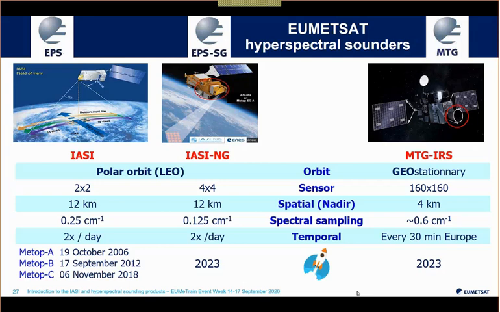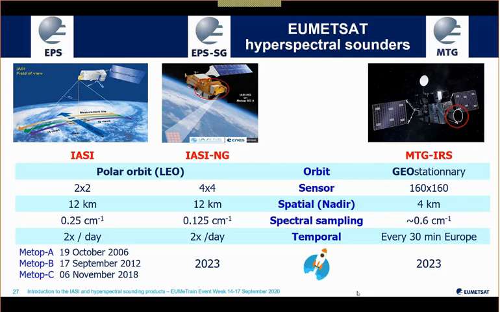And I can't give a date for the trial dissemination of the prototype products, but certainly around 2021, the first prototype products derived from the IASI triplet should be made available to the users. And obviously, this is a precursor to MTG-IRS. I will come back to that in a slide or two.